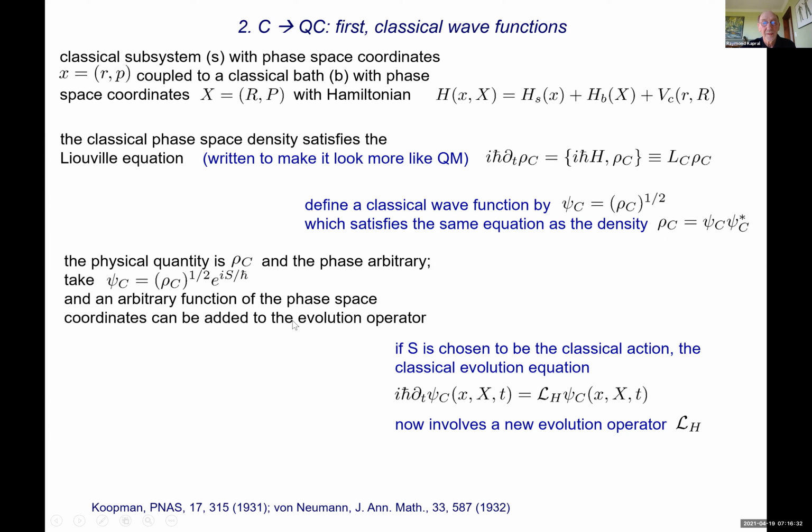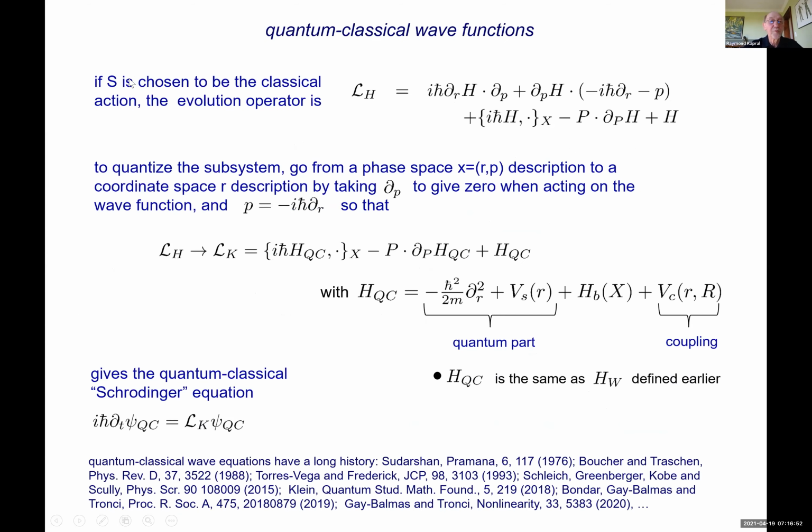And in that case, you can add an arbitrary operator related to the phase to the evolution equation, and convert that to an operator script L sub h. So what I'm going to be doing in the rest of the talk is choosing as the phase the classical action. And in that case, the operator L sub h takes the form.